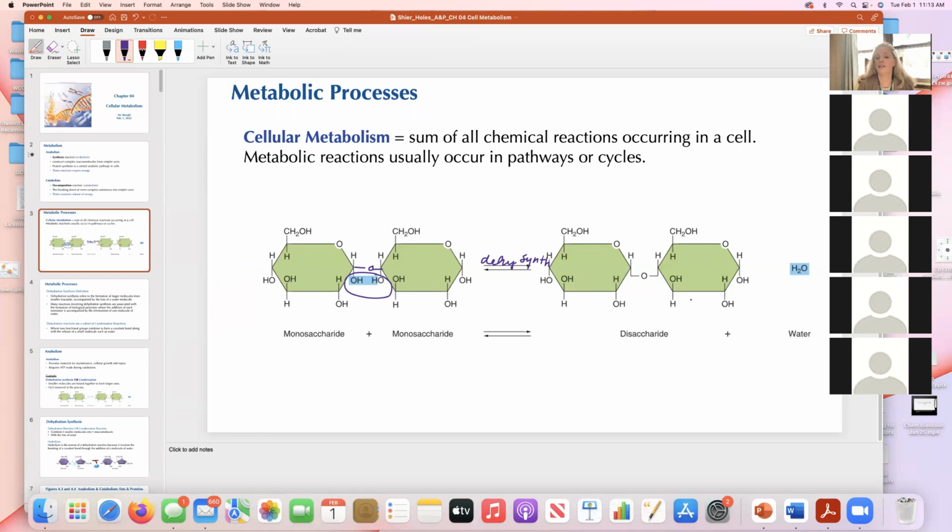Now, if we had this disaccharide and we needed to extract the energy from it, and we wanted to break it apart, we would use water to attack that bond and break it apart. And this is called hydrolysis. This is the reverse of dehydration synthesis.